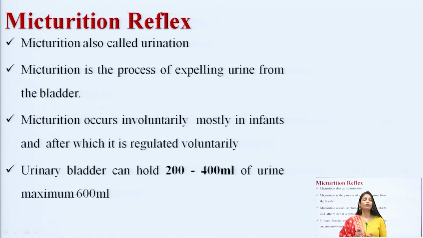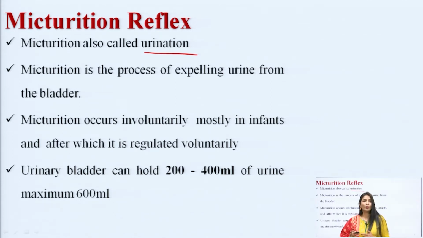Now we will discuss in detail what happens in micturition. Micturition is also called urination, and it is a process, as I explained in the previous slide, by which you expel the urine from the bladder.